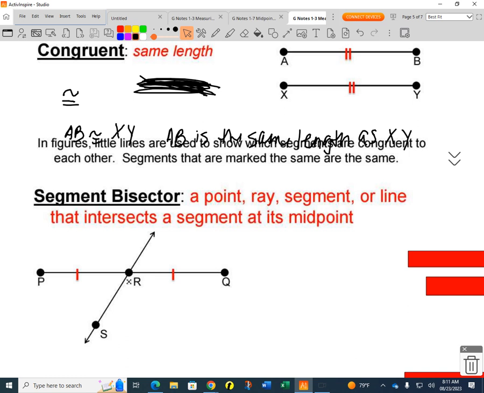Does that make sense to everyone? That means it divides the segment into 2 equal segments. You should be writing what I'm writing.